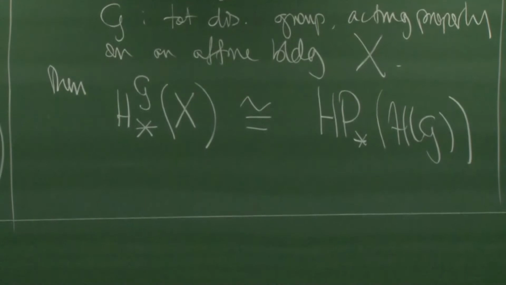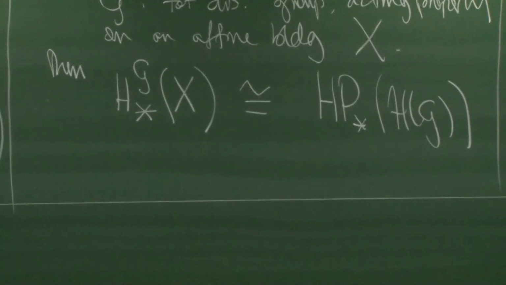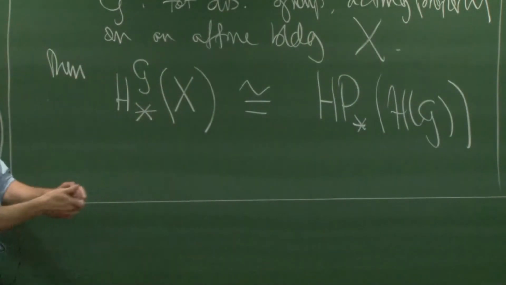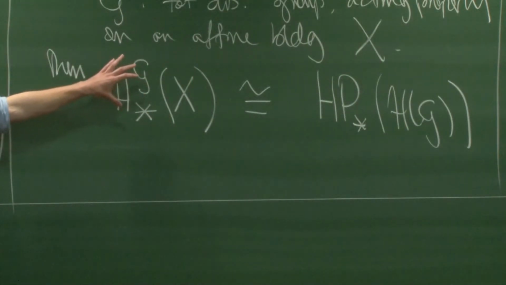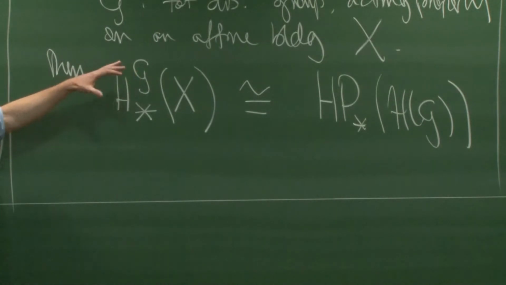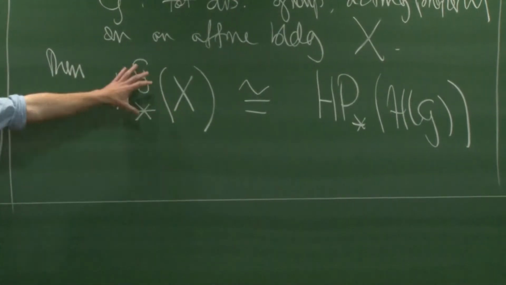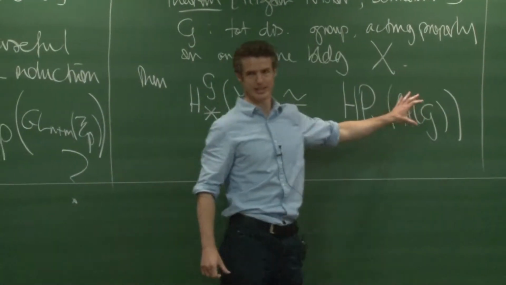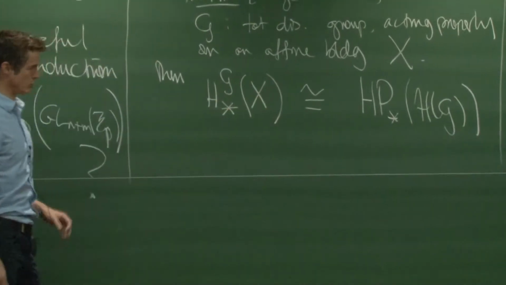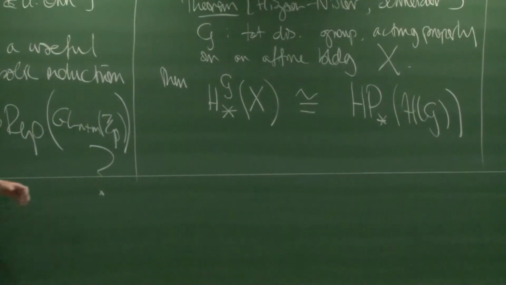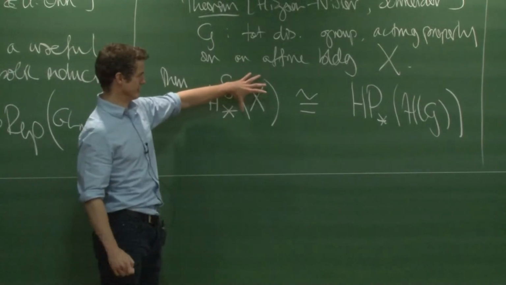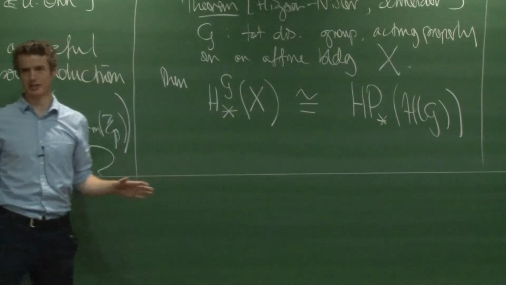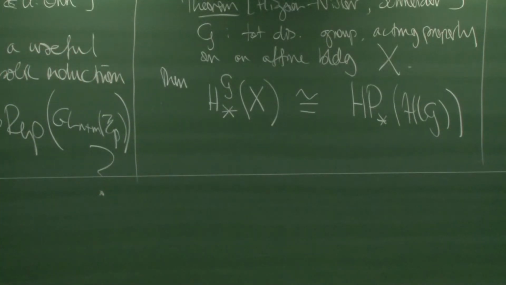But just to somehow summarize this isomorphism in a slogan, an imprecise slogan, on the left-hand side here, this has something to do with the representations of the compact open subgroups of the group G and their combinatorics as encoded by the action on the space X. These representations of compact subgroups. This has to do with representations of the group G. So there's some definite, concrete correspondence between data related to compact subgroups and data related to representations of the group G, and that's just the kind of thing that many of you are interested in a different context.